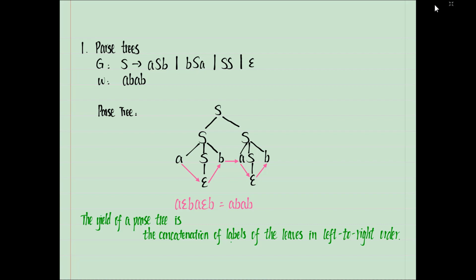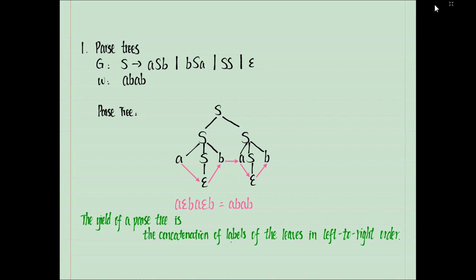If we traverse the leaf nodes from left to right, then we get a string a epsilon b a epsilon b. And if we simplify this string, it is equivalent to abab, which is our sample string. So as I said before, this is a parse tree for this abab.